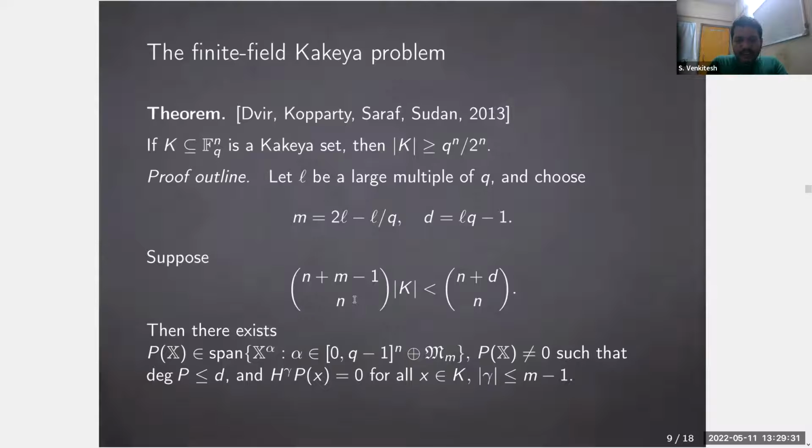Suppose n plus n minus 1 choose n times the size of K is strictly less than n plus d choose n. What this really means is that there is a non-zero polynomial in the larger sense of derivatives.